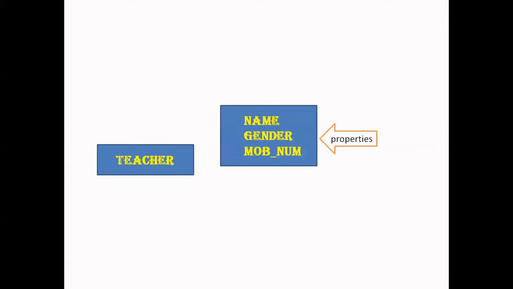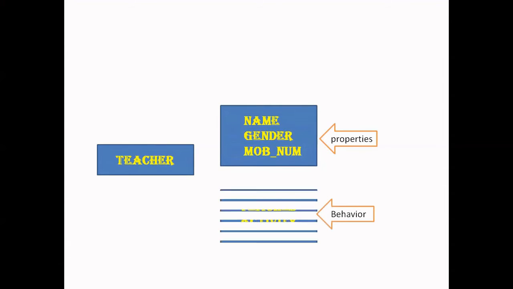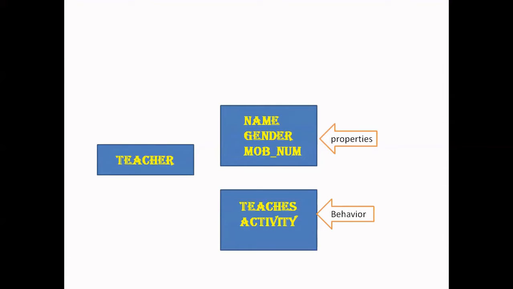You will have name, gender, and mobile number. And every teacher will have some tasks to be done, right? That task, let me call it a behavior. What type of behavior will you see in teachers? Teaching, conducting the activities, all these things, right?